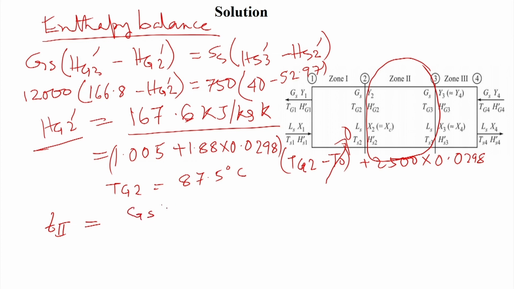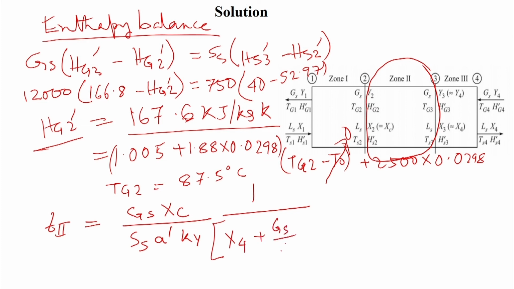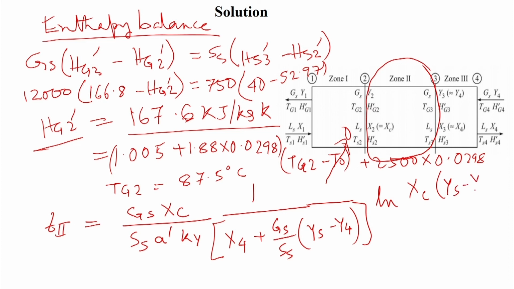So, T2 we can say is Gs into Xc by Ss into A prime into Ky, into 1 by x4, plus Gs by Ss into Ys minus y4, into ln of Xc into Ys minus y3 by x4 into Ys minus y2.